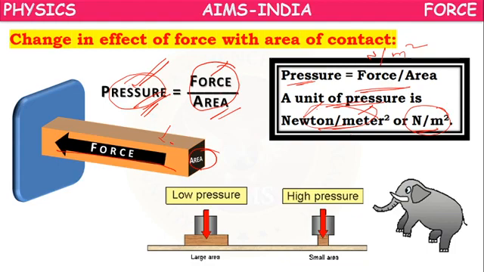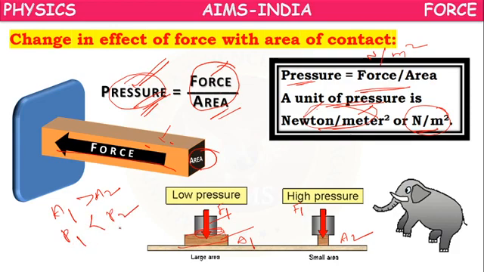Suppose this block is kept on a wooden block. Here the area of contact is more. The force is F1 here and also F1 here, but here the area of contact is A1 and here the area of contact is A2, where the A1 area is more than the A2 area. Suppose here the pressure is P1 and here the pressure is P2. When the area is more, the pressure will be less.